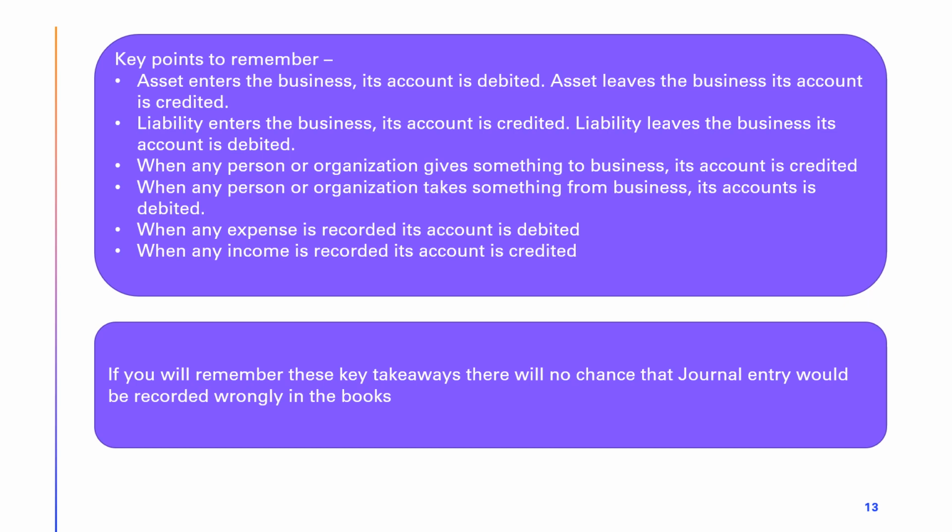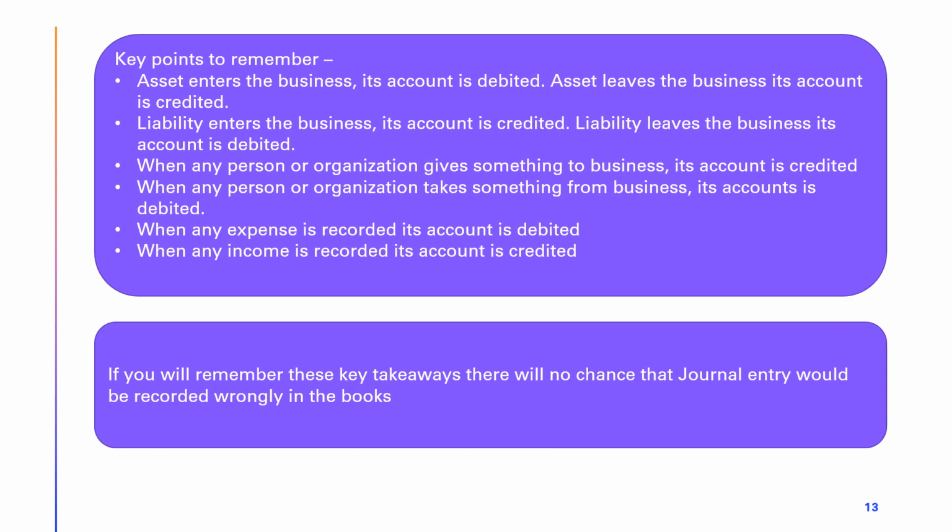Similarly, when any liability enters the business, its account is credited, and when any liability leaves the business, its account is debited. When any person or organization gives something to business, whether it's cash, goods, or service, his account is credited. And just vice versa, when any person or organization takes something from business, his account is debited.